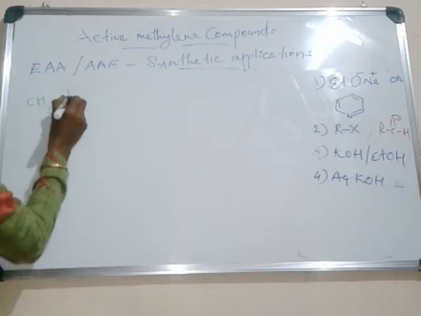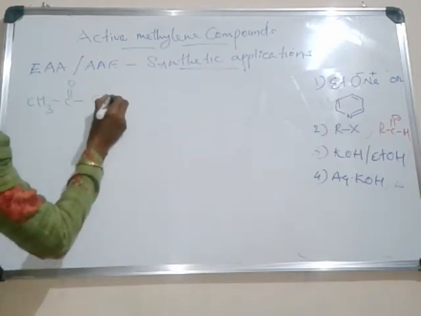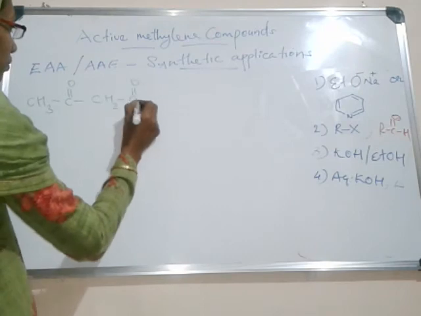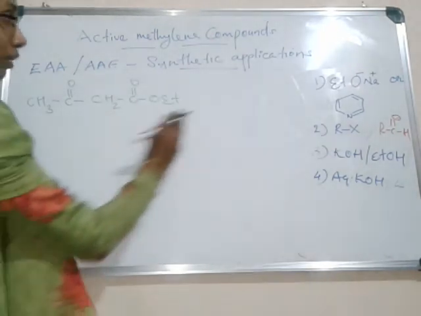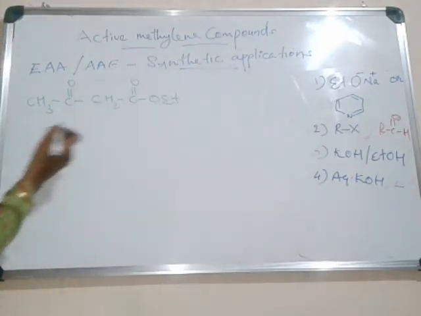Then check what product is obtained when CH3-C(=O)-CH2-C(=O)-OEt, that is ethyl acetoacetate, undergoes the following reactions in order.